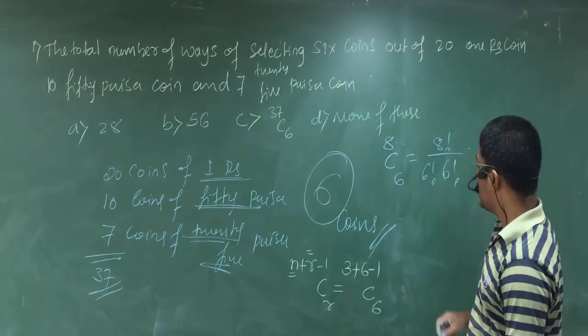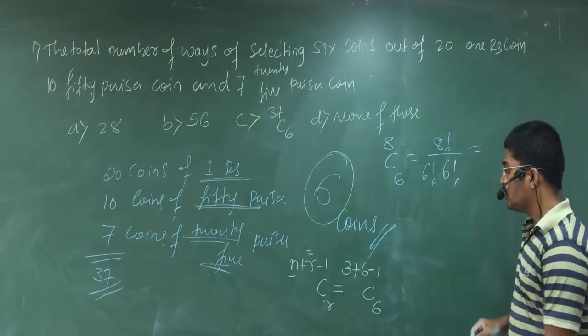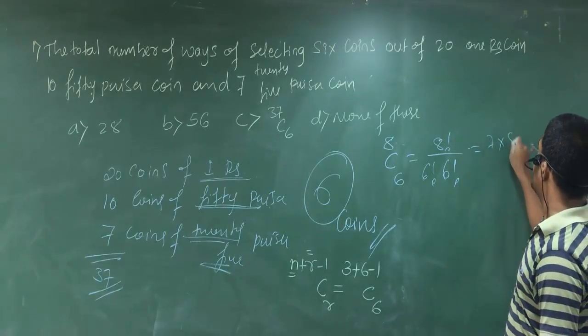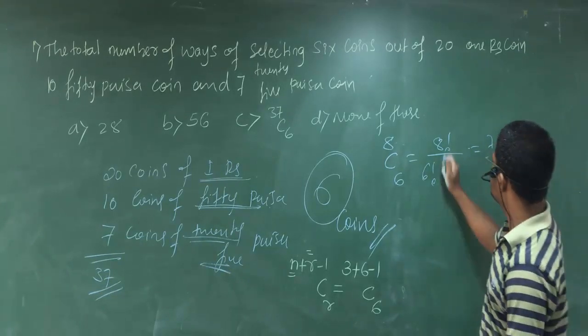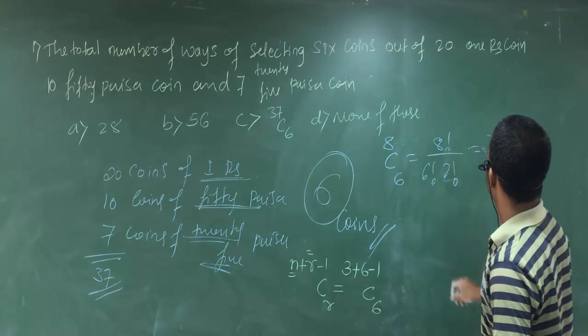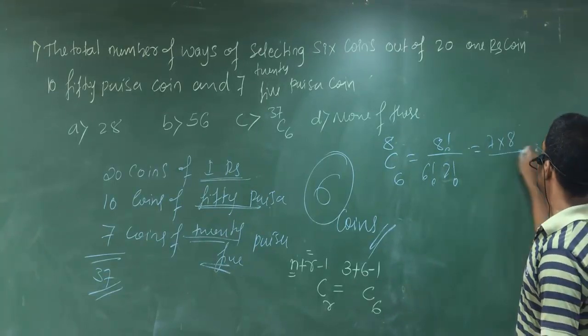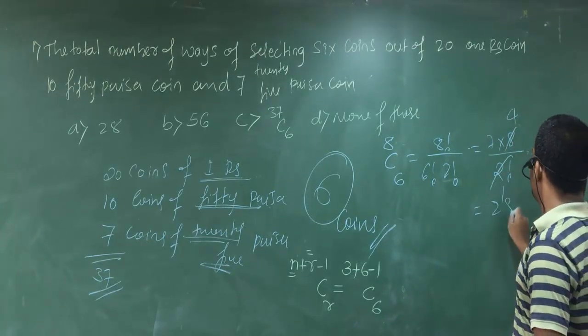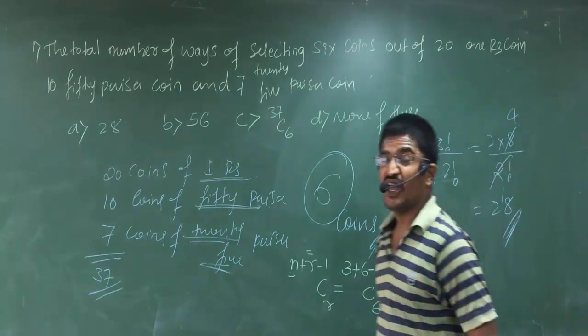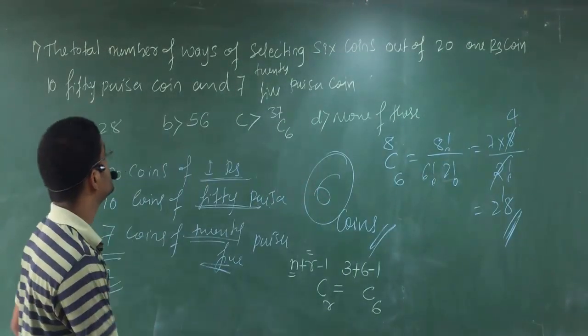So it will be 7 into 8 divided by 2 factorial, that is 2 into 1, 2 into 4, so 7 into 4, it will be 28.